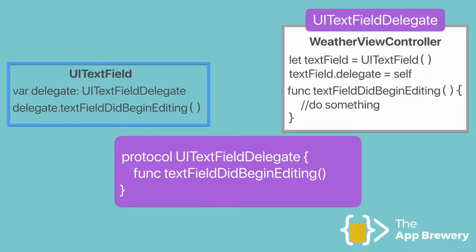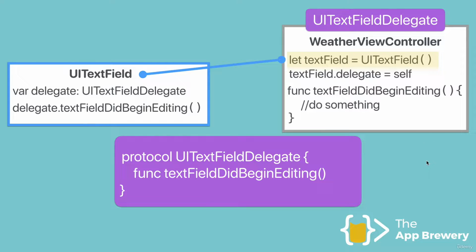So now that we've got our UI text field, our weather view controller, and our UI text field delegate all defined so we can see what the code looks like, let's see what happens when our app actually runs. What's the sequence of events? Well, the first thing that happens is this line. We create a new text field from this reusable template of a UI text field, and so now we have this reference to a UI text field.